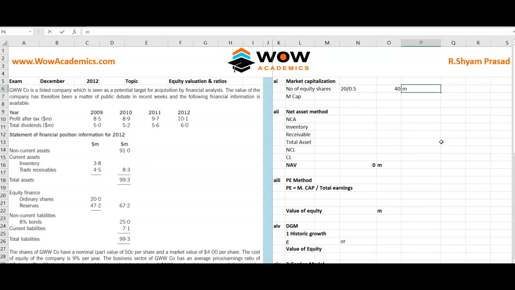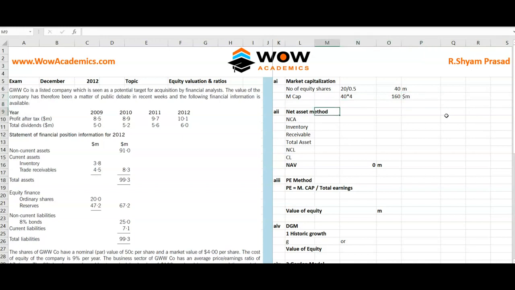So there are 40 million shares, and what is their worth? Their worth will be 40 million shares into per share value. So the per share value is $4 per share. So we'll multiply. So this is a dollar and it's in million. So we got the first number.